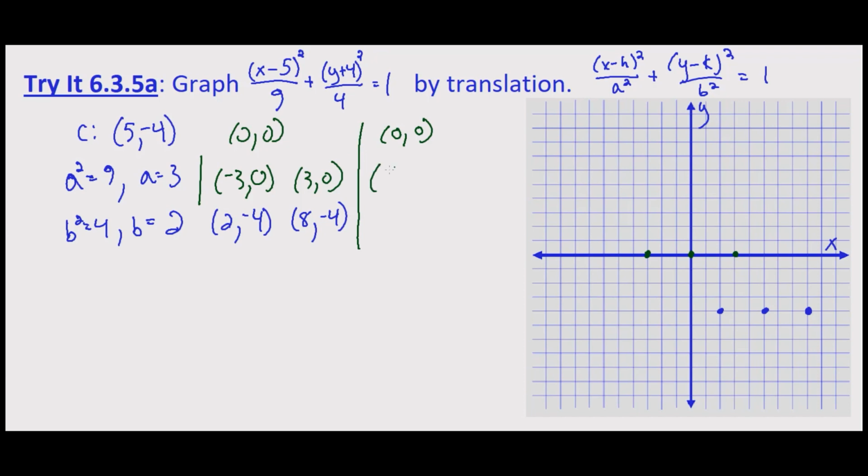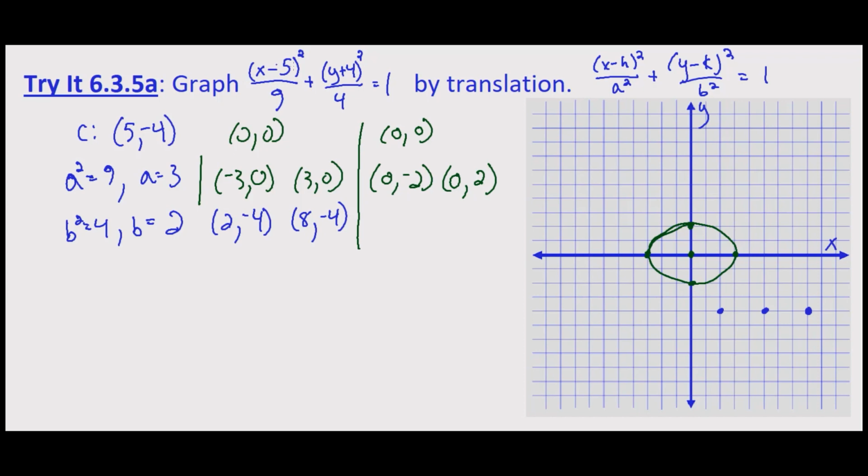If we were centered at the origin, we would go up 2 and down 2, which means those vertices are going to be at (0, negative 2) and (0, 2). We'll go ahead and plot those, and then we can draw in our ellipse. This is what it would look like if it were centered at the origin.